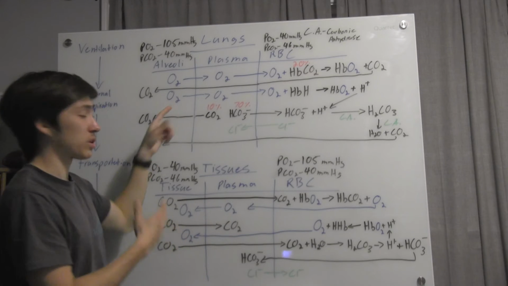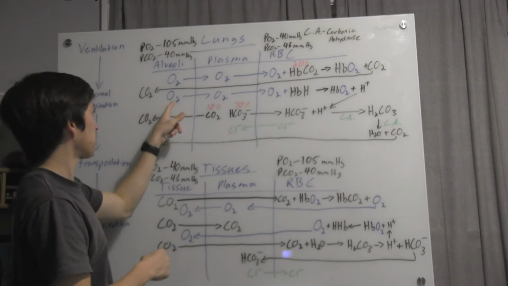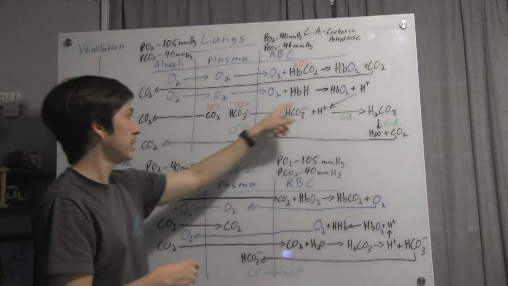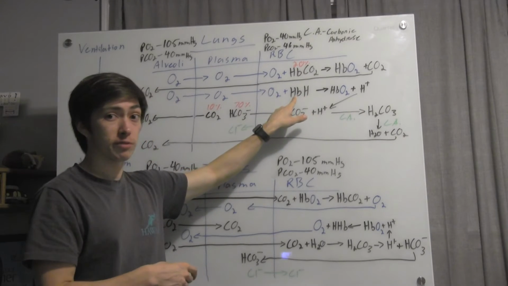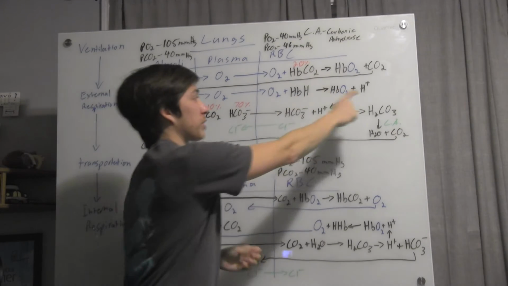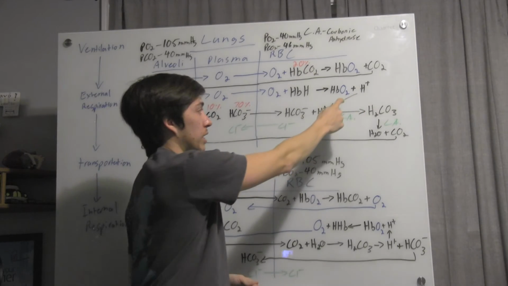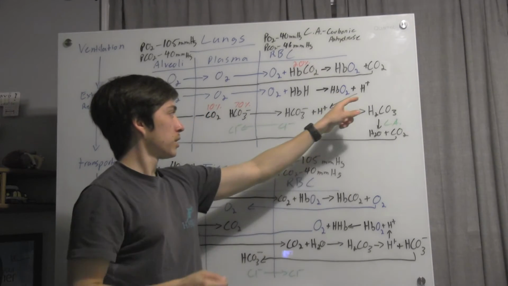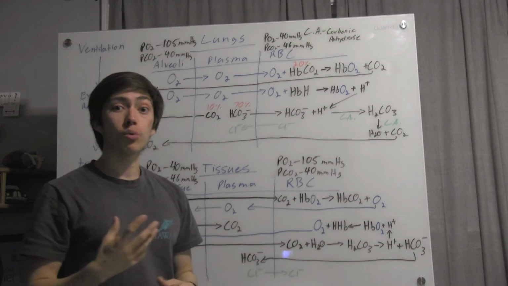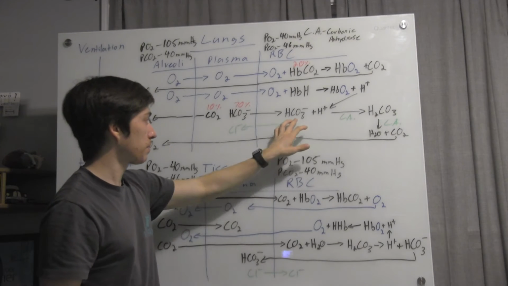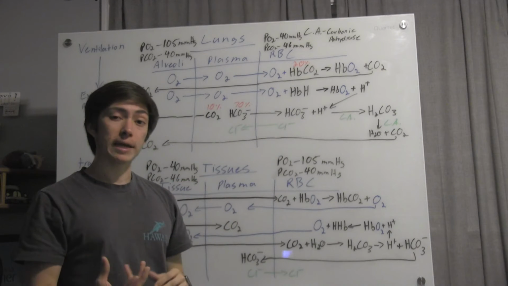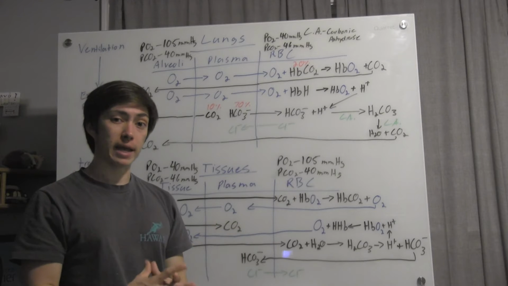Now, we're going to look at the other way we can get oxygen in. The other way oxygen can come in is by kicking a hydrogen off of the hemoglobin. That's going to free up a hydrogen and create one oxyhemoglobin. So now that free hydrogen can join with bicarbonate, right here, along with carbonic anhydrase, and form carbonic acid.